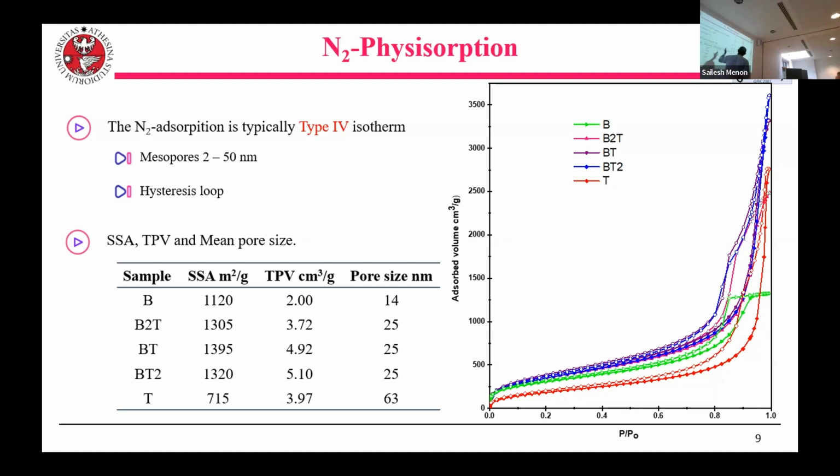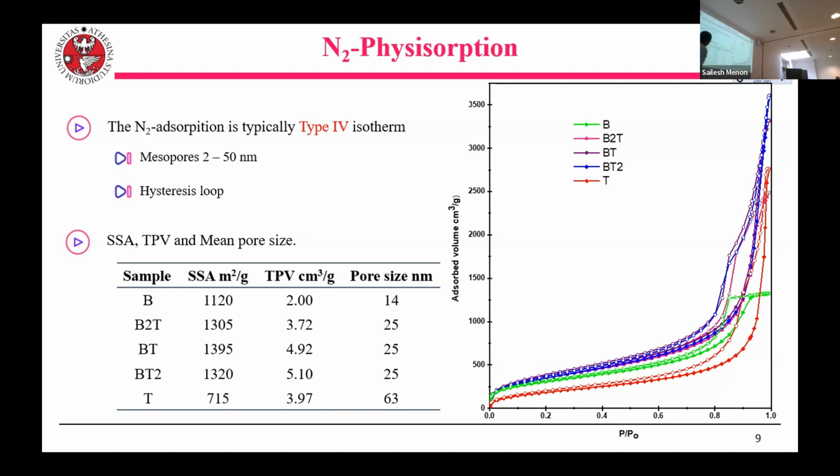And they also show hysteresis. By looking at the hysteresis, we can also say a little bit about the shape of the pores. For example, the pure BTM shows more or less a similar type hysteresis. This may be related to the majority of the pores being ink-bottle type, whereas the other samples normally show H1 type pores.